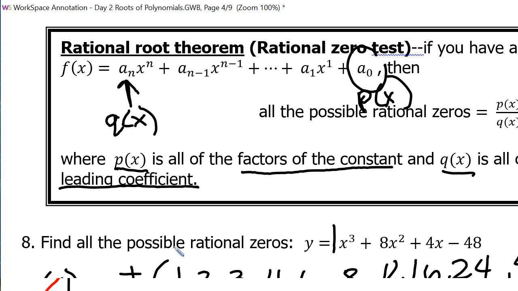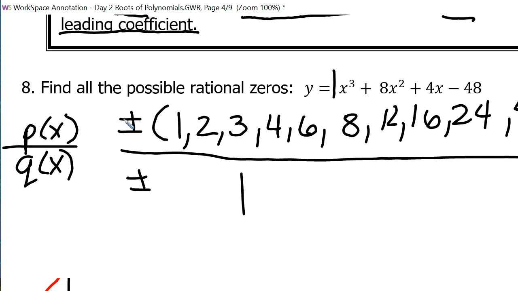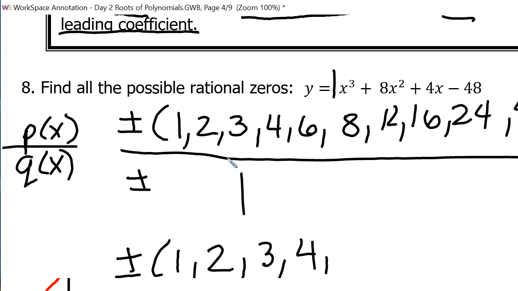Okay, so if I listed all of the possible factors, I need to divide every single one of these combinations out. So it's going to be a lengthy list. I could have positive or negative, and if I divide these, I get 1. I could get positive or negative 2, positive or negative 3, positive or negative 4, 6, 8, 12, 16, 24, 48.